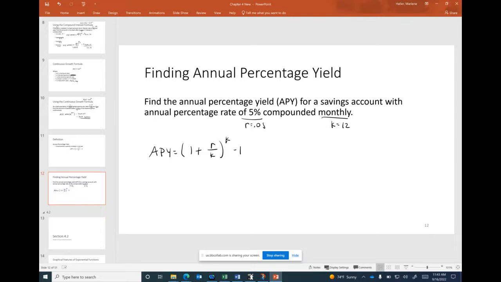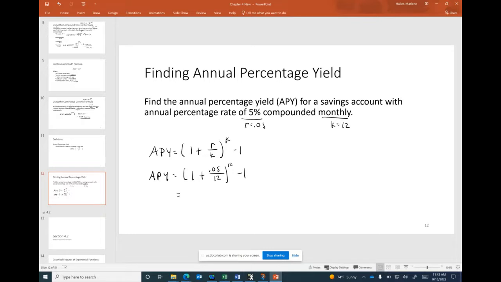For this situation, that's 1 plus 0.05 divided by 12, raised to the 12th power, and then you subtract out that 1.